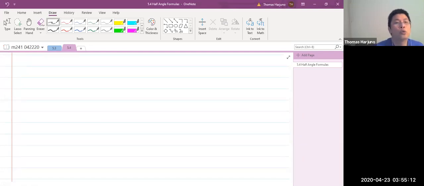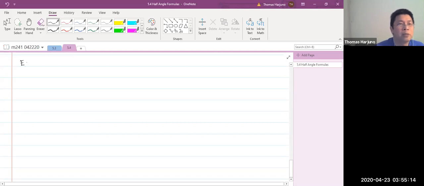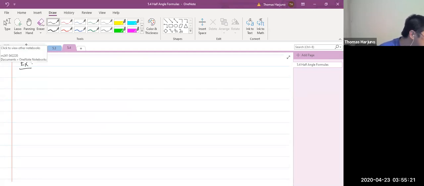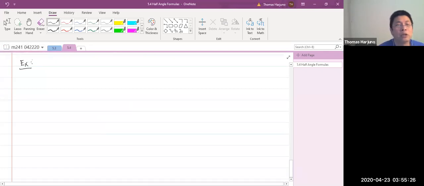Let's do one more problem similar to that. Let secant B be 3, B is in quadrant 4.